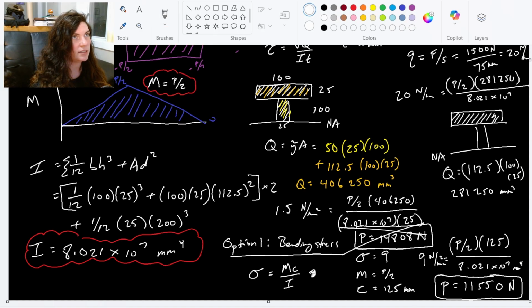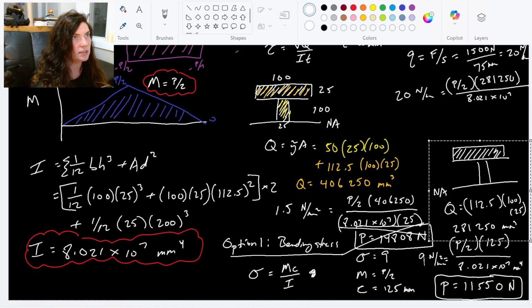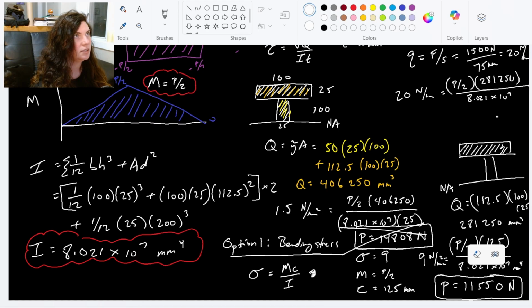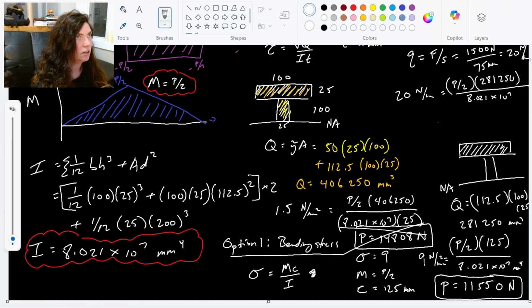And I do the very last step of plugging all of that into my calculator to get a P value of 11,407 newtons.